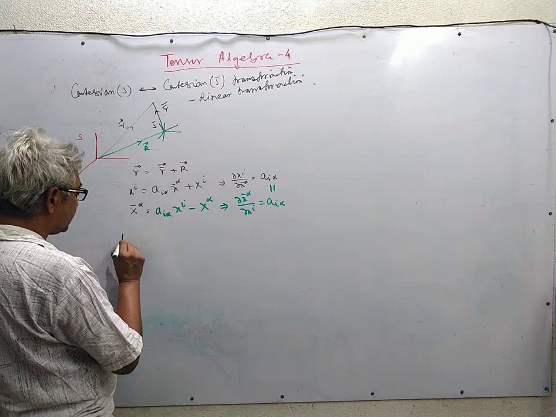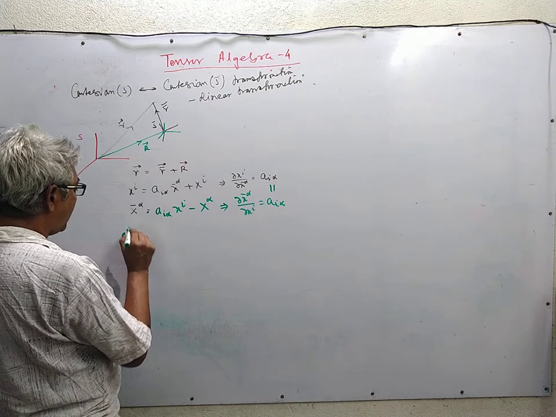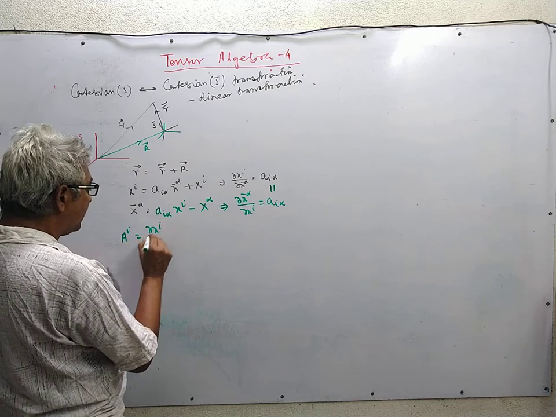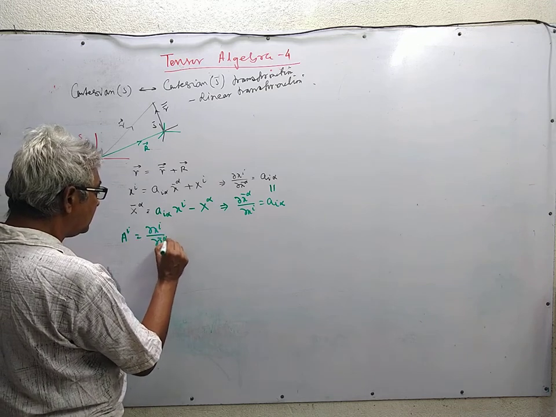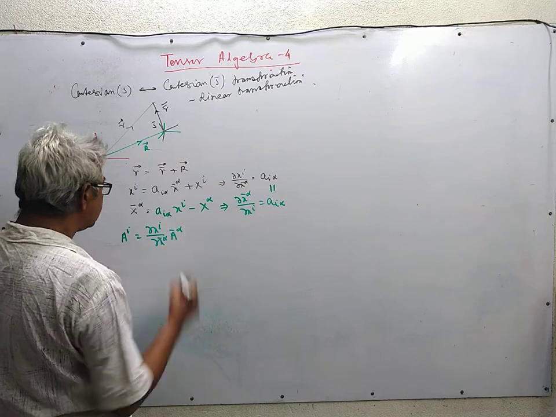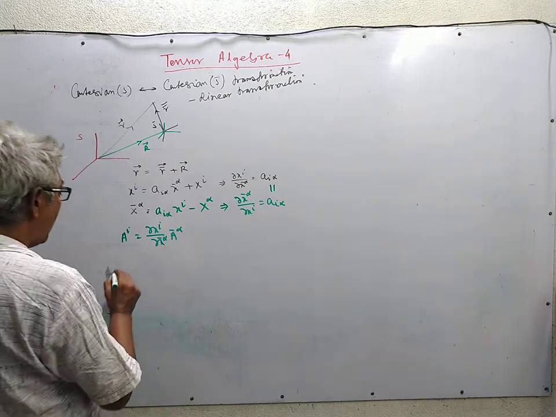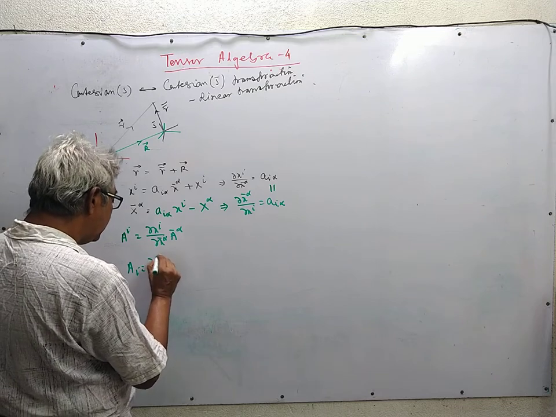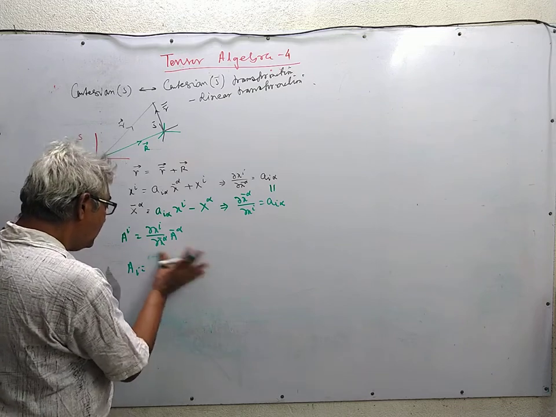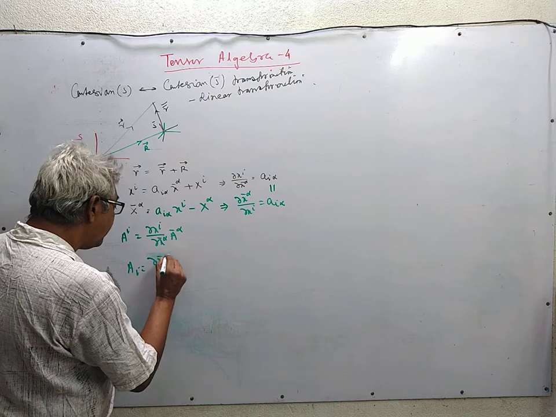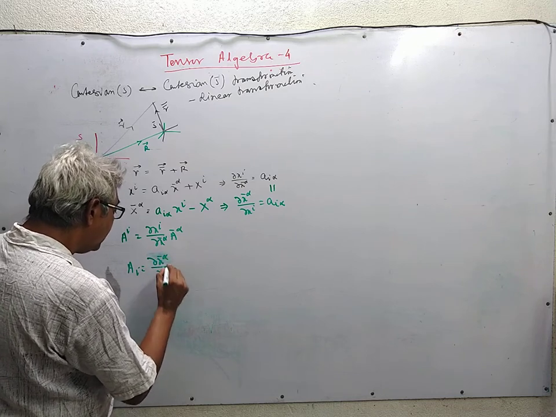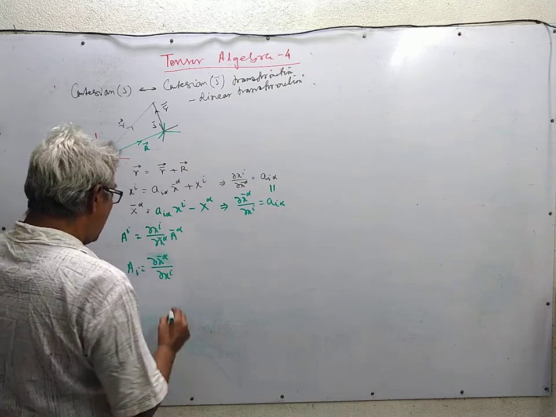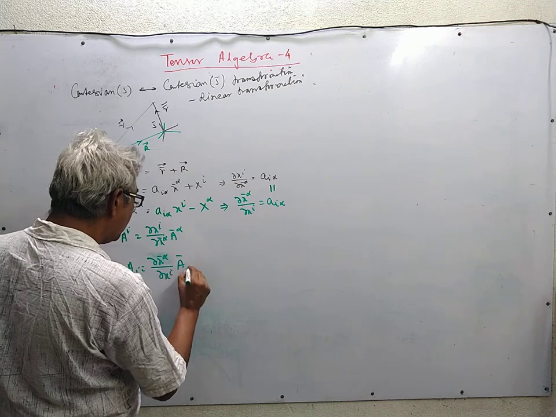You recall that the contravariant vector is A i equal to del x i del x bar alpha A bar alpha, and the covariant vector is del x bar alpha del x i A bar alpha.